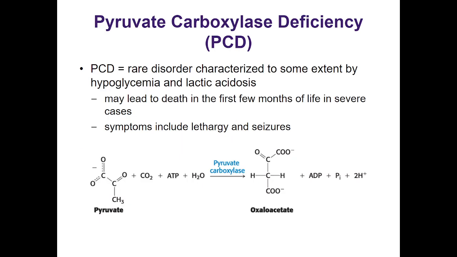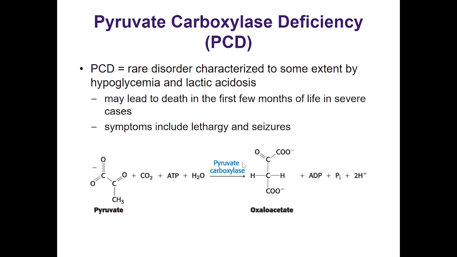Okay. So PCD is going to be a rare disorder that's characterized by some extent by hypoglycemia and lactic acidosis. It may lead to death in the first months of life in severe cases. Symptoms are going to include lethargy and seizures. So this right here is the pathway, pyruvate carboxylase deficiency, PCD.